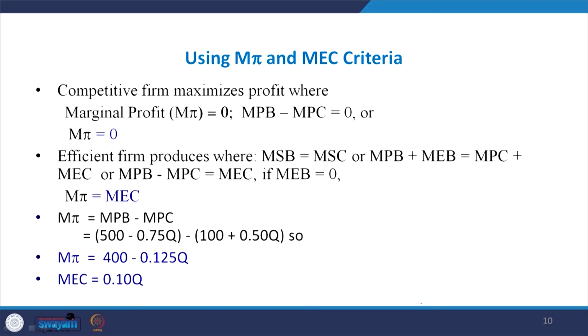The same thing can also be done by another method. In economics we know, instead of taking supply equal to demand, you can also take marginal profit equal to 0.